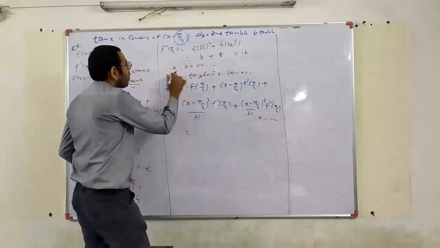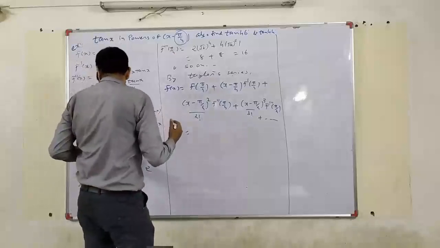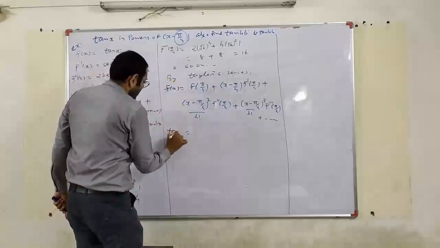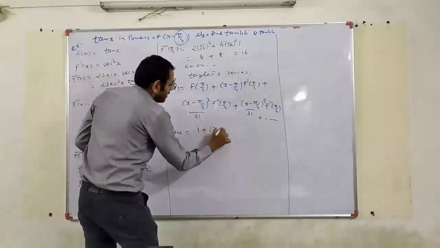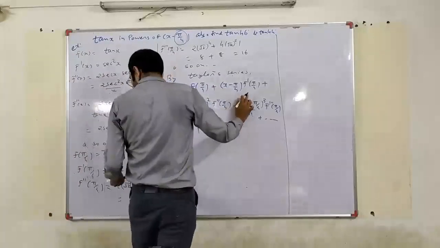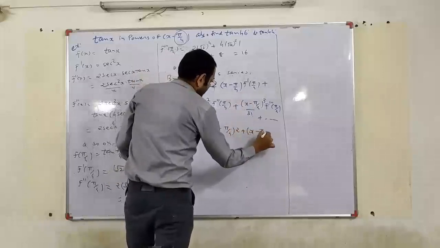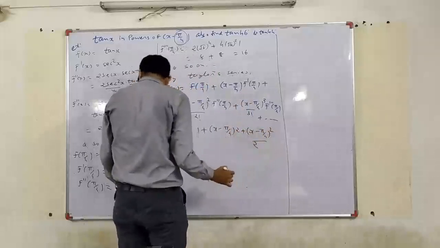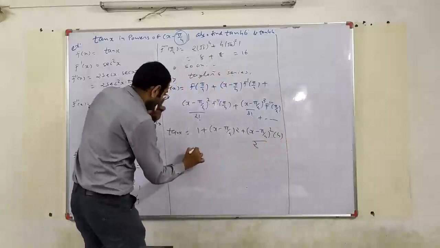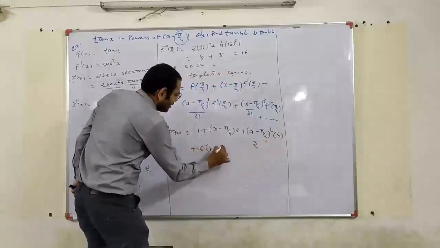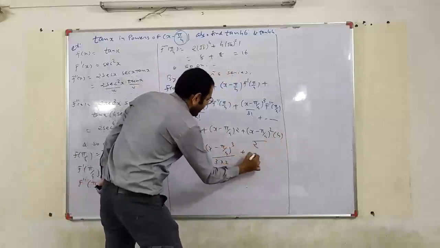Now substitute all the values in the Taylor series. Our function is tan x: f of pi by 4 is 1, f dash of pi by 4 is 2, divided by 2 factorial, that is 2, f double dash is 4, and f triple dash is 16, with (x minus pi by 4) raised to 3 by 3 factorial, that is 6, and so on.